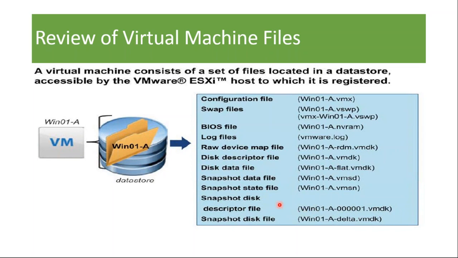Like that, for however many snapshots you create, the snapshot disk descriptor files will be created in this sequence. Using this naming convention, your snapshot disk descriptor file names will start. The snapshot disk file is stored as delta.vmdk. So any questions on this slide?